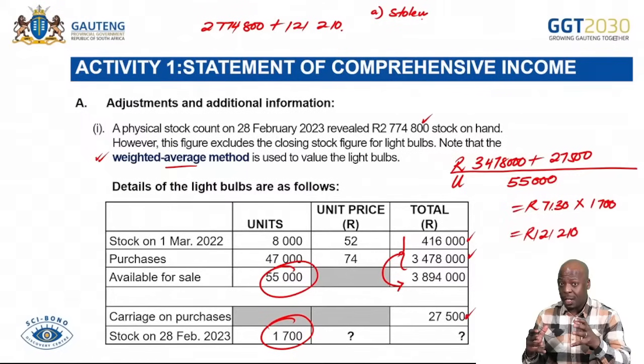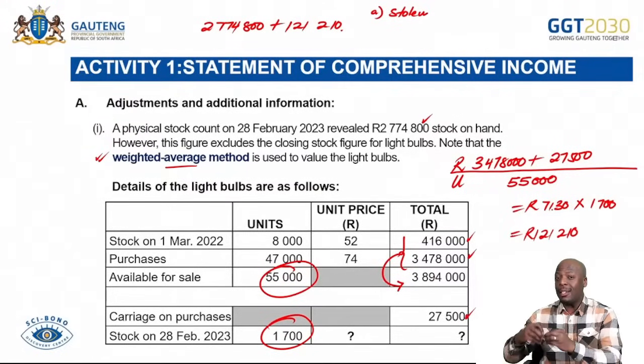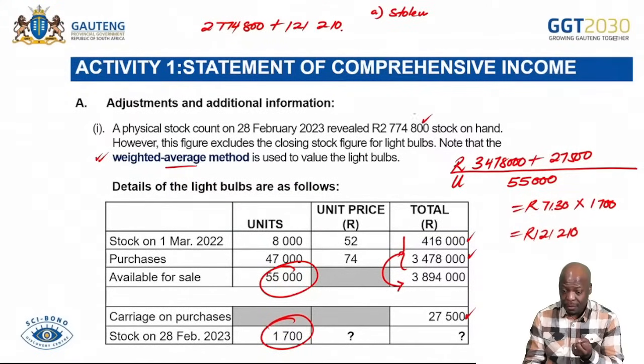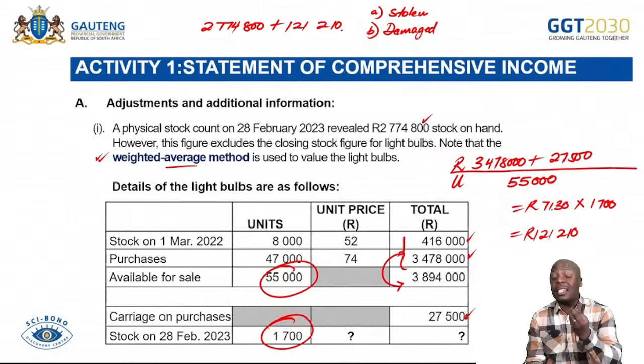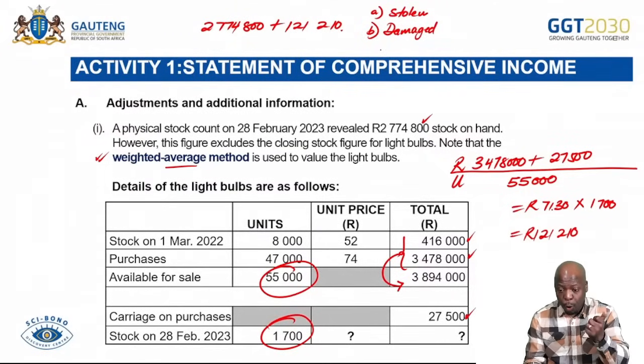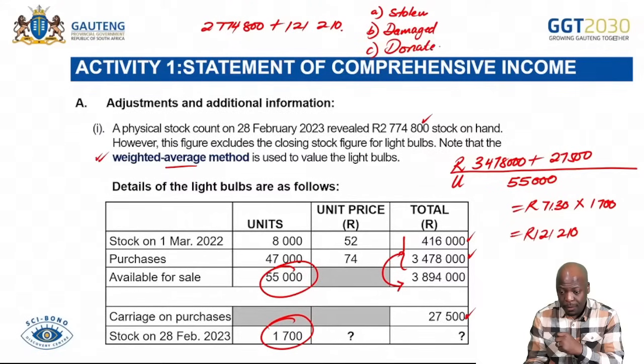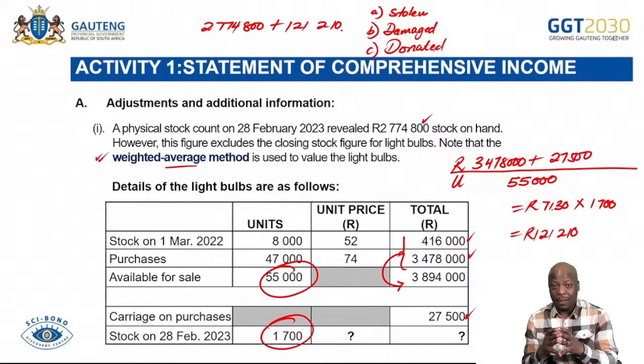When we're on inventory, remember, stock that is stolen, and then the insurance company covers a part of it. Or stock that is damaged, and then the insurance company will cover a certain percentage. Or they can talk about stock that has been donated and has not been recorded.